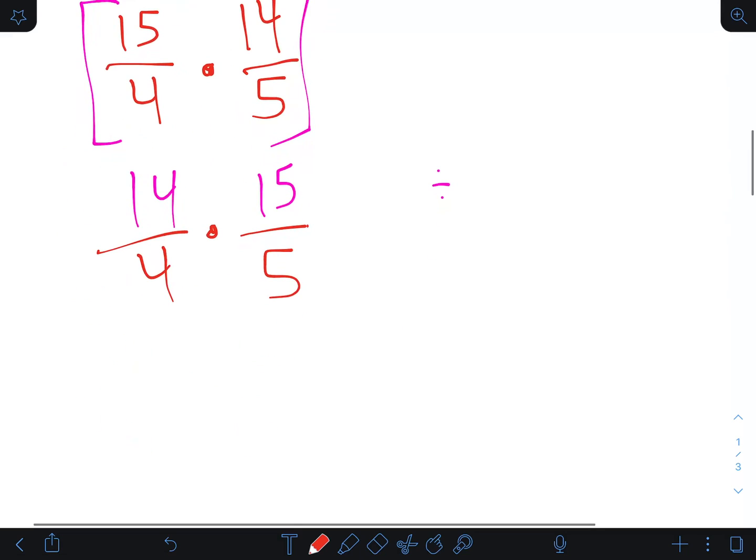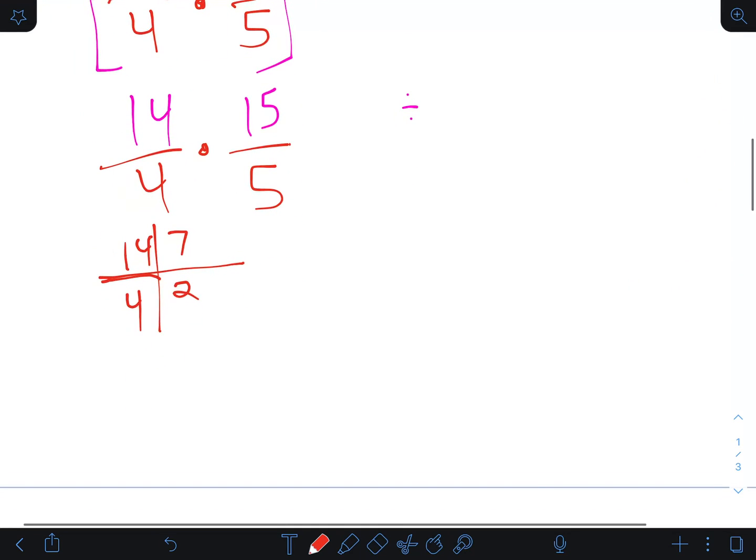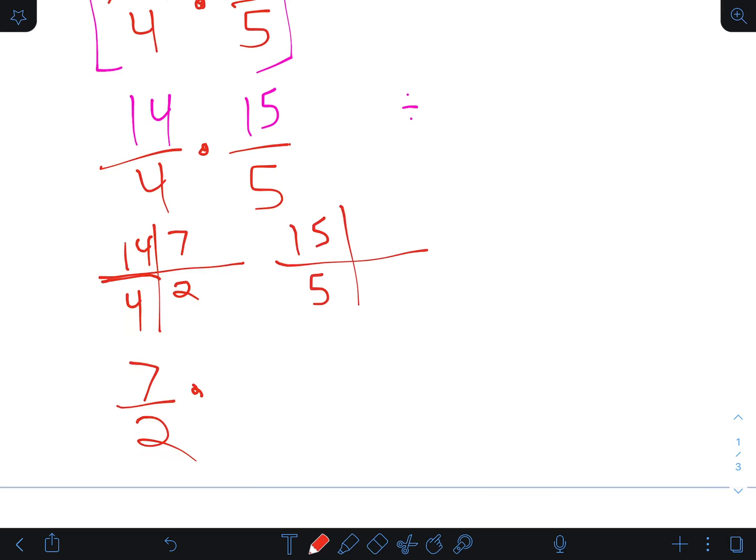Okay, well, with 14 and 4, what I do then is I rewrite. I say, okay, I have 14 fourths with a little ratio table. Take a 2 out of both, you get 7 halves. So now that simplified fraction is 7 halves. 15 over 5. They both end in 5, so I can divide by a 5.